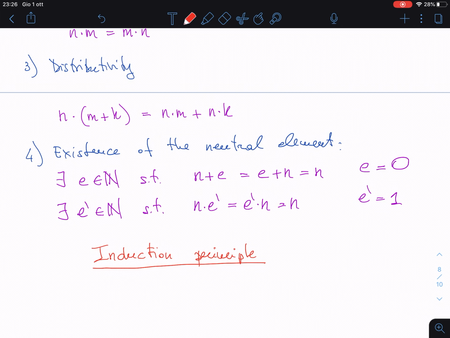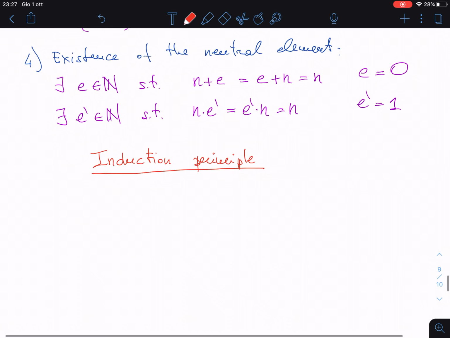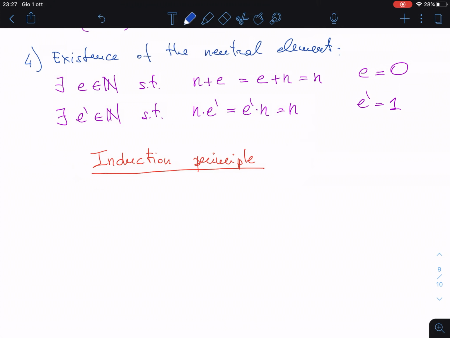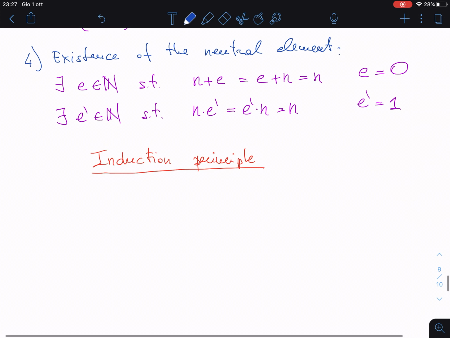So let me explain it, okay? There are many ways to introduce it. I give you two ways. First, let T be a subset of N. This is probably the clearest from the point of view of set theory.